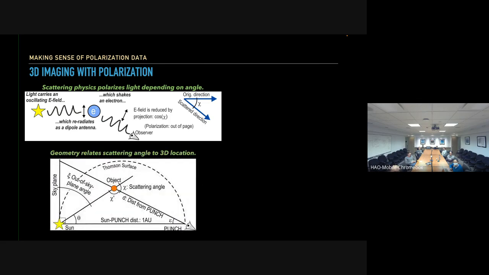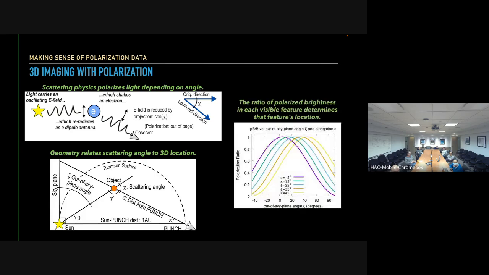So the degree of polarization allows us to relate that scattering angle to the location of an object. In the lower left here, you've got the sun, you've got PUNCH or some arbitrary observer at the Earth, and some object that PUNCH is looking at. You've got an elongation angle, that's this curly epsilon that tells you where on the sky the object is.